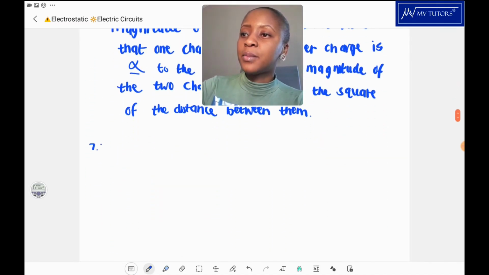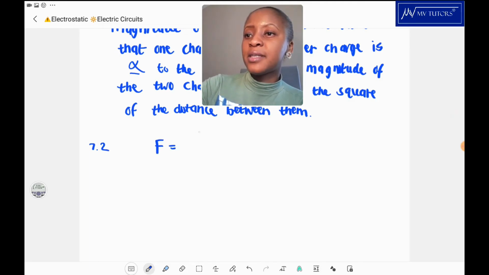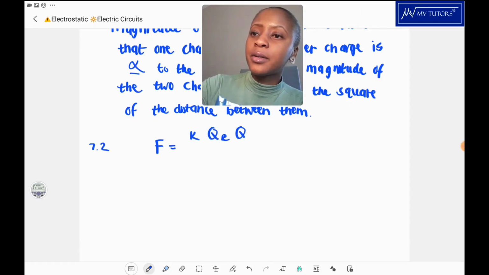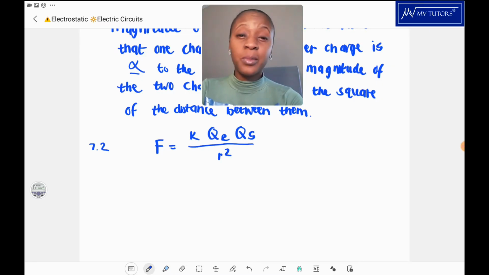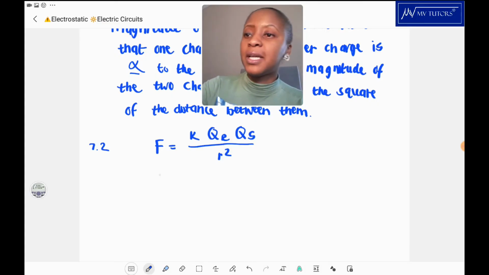So 7.2. Again, the formula: F is equal to K QR QS all over R squared. R squared is what we're looking for, so I'm going to make it the subject of the formula.